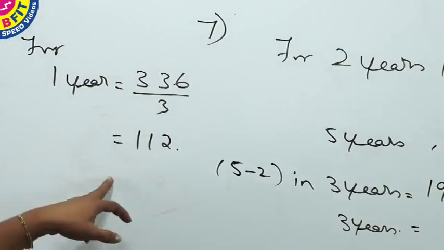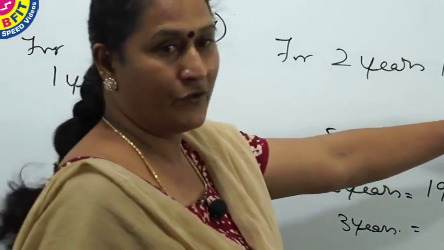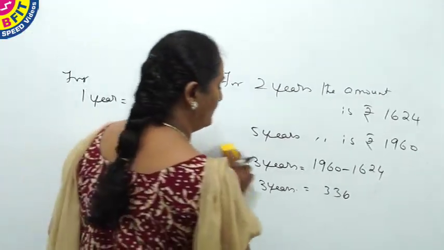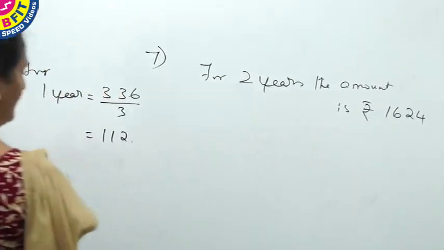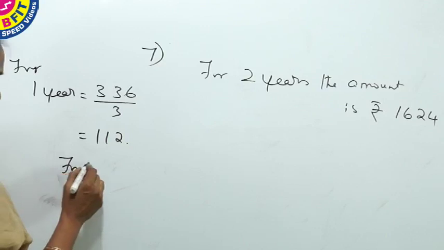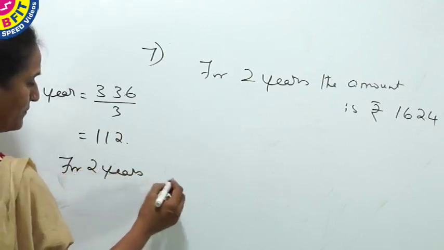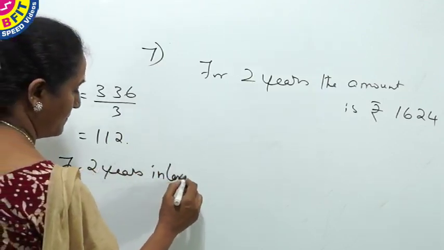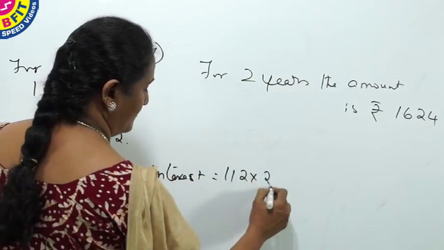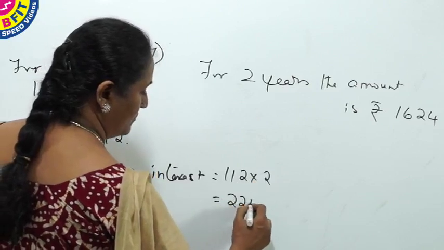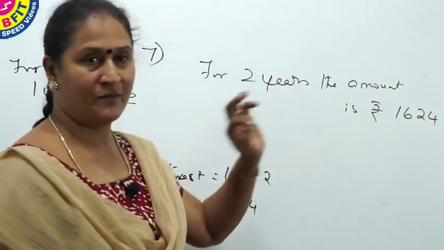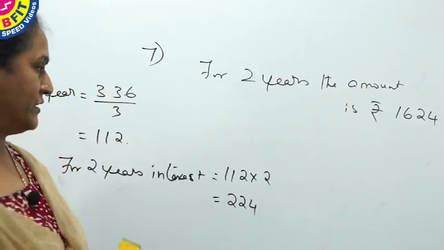So to find the sum from the amount which is got for 2 years, subtract the interest for 2 years. If for 1 year interest is 112, for 2 years the interest is 224. Now when we subtract this interest from the amount, we get the sum deposited.